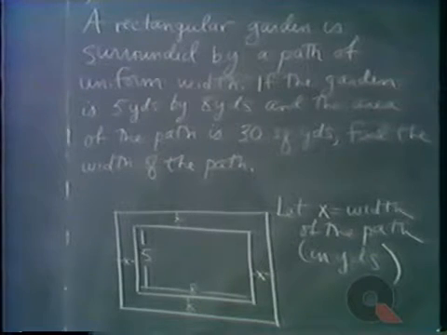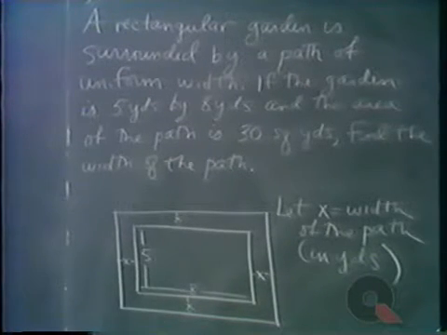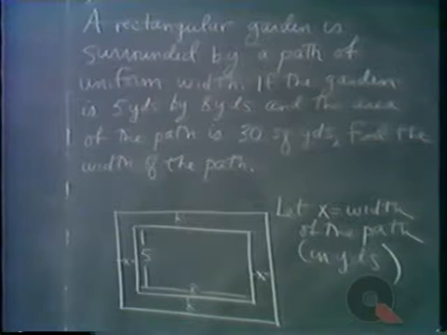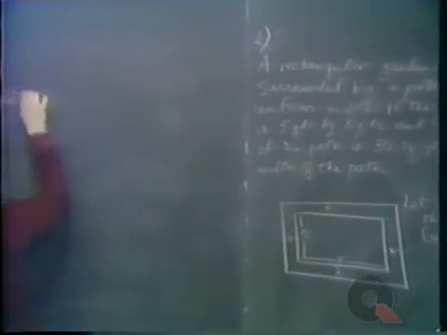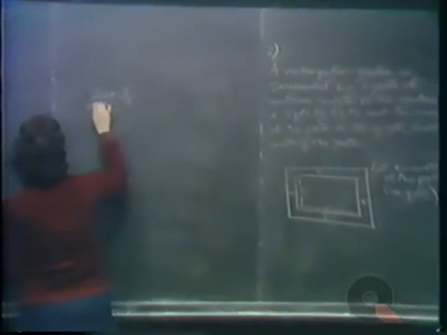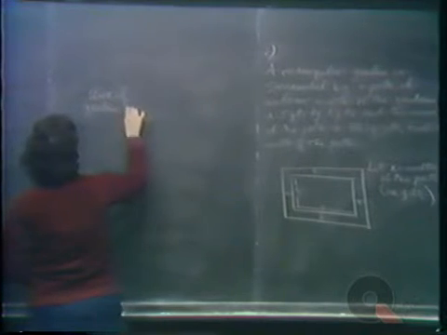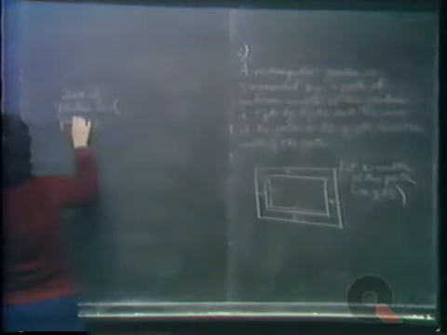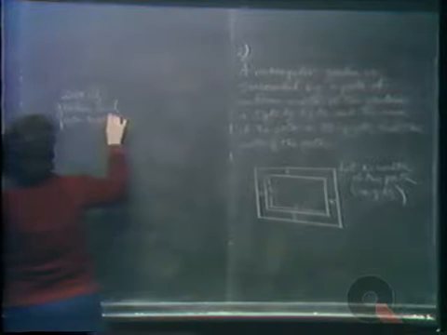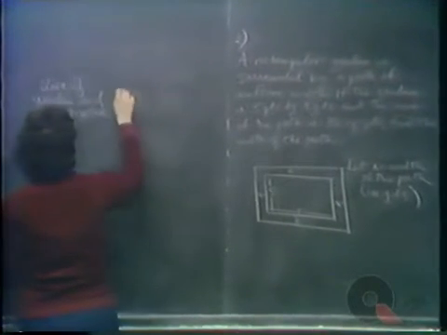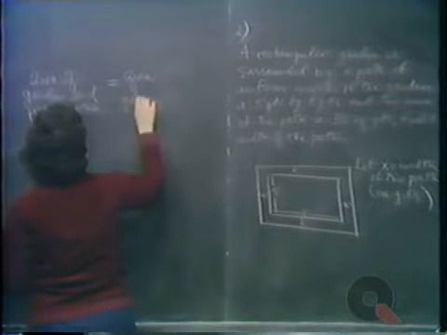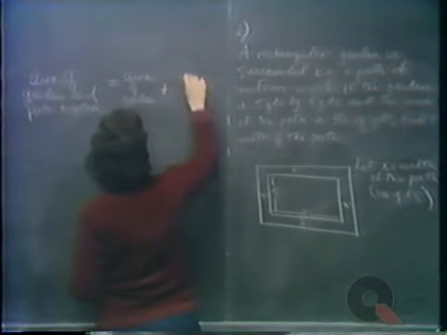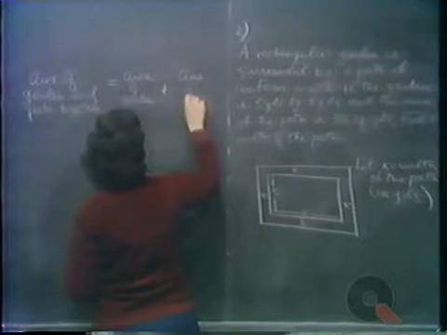So we're going to try to write down some sort of an equation which expresses what we know here. What we can do is the following. We can say that the area of the garden and the path together is equal to the area of the garden plus the area of the path.